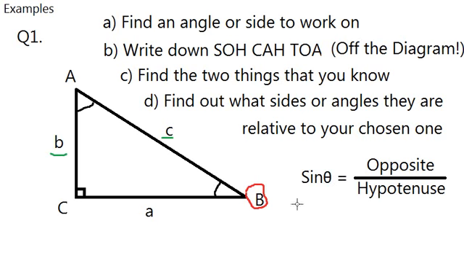So we know that sine B is equal to b over c. And so the last thing you need to do is actually to apply that equation to this triangle, and that is the step-by-step guide for you guys.